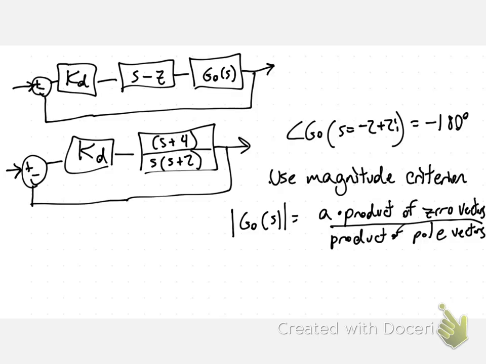And in this case, we had that GO of S is equal to S plus 4 over S times S plus 2, so A is equal to 1 since there's nothing multiplied by that.